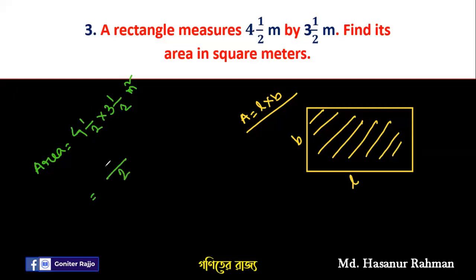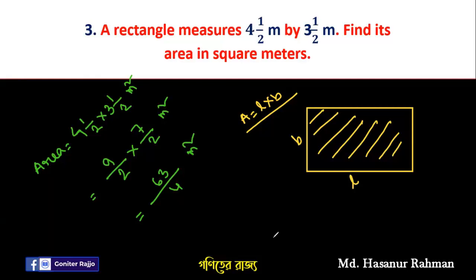So 4 2s are 8 plus 1, 9 multiplied by 2 3s are 6 plus 1, 7. Now we'll get our final answer by multiplying these two fractions. 9 7s are 63 divided by 2 2s are 4. So 63 by 4 meters squared will be our final answer.